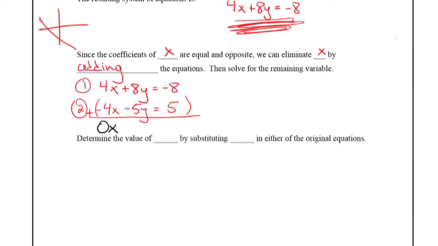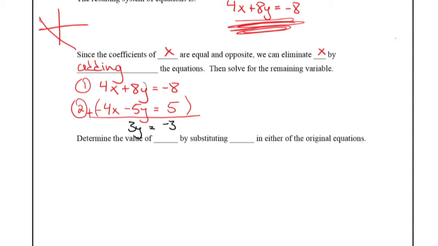All right, so I have 0 x's. I don't really need to write it in, so I'm just going to get rid of it. I have positive 8 plus negative 5, so I'm going to have positive 3y. And then negative 8 plus 5. Why am I having such a difficult time with integers today?